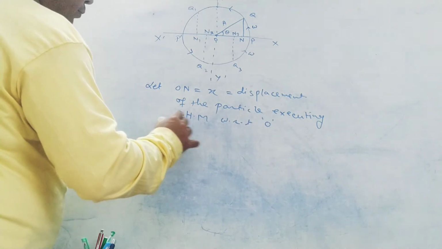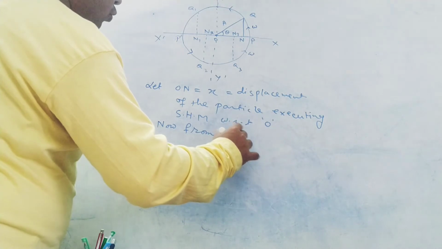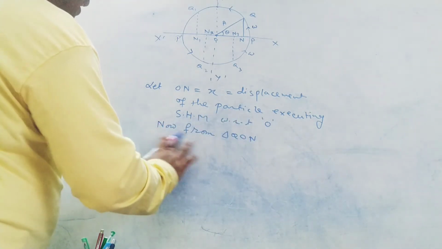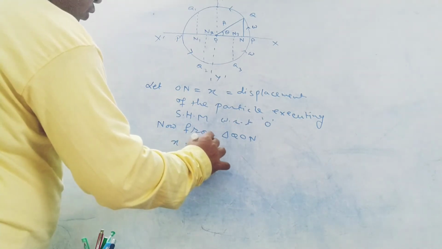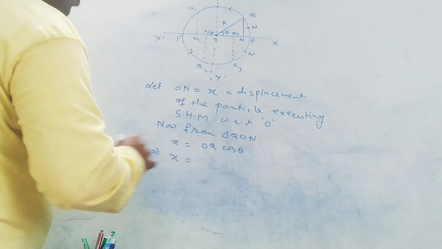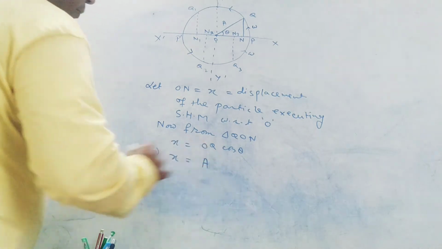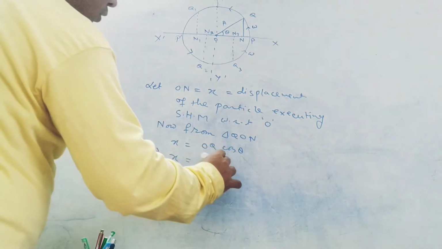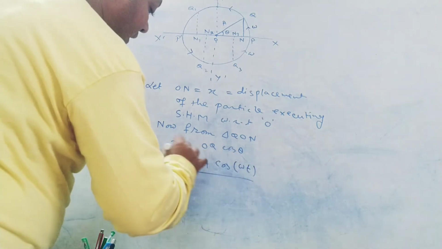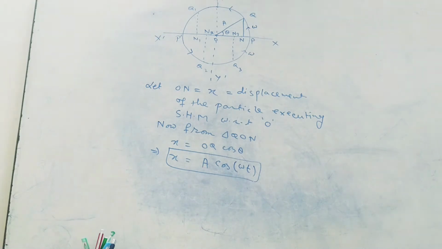Now from the right angle triangle QON, we can write x is equal to OQ cos theta. We know that radius of the circle is capital A. Therefore, x is equal to capital A cos theta, which is equal to omega t, since omega is the angular speed and t is the time taken.